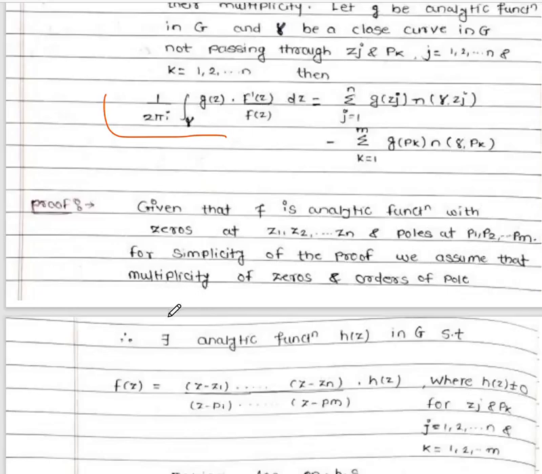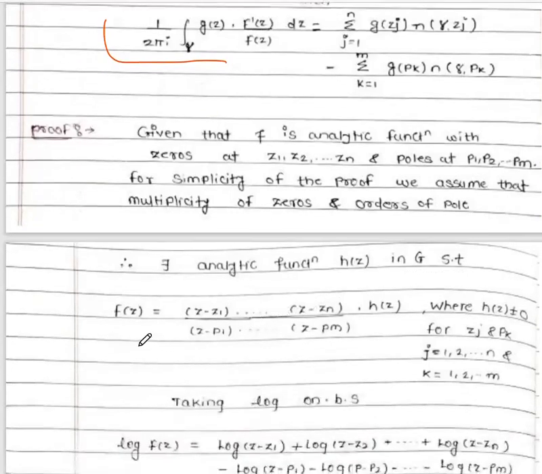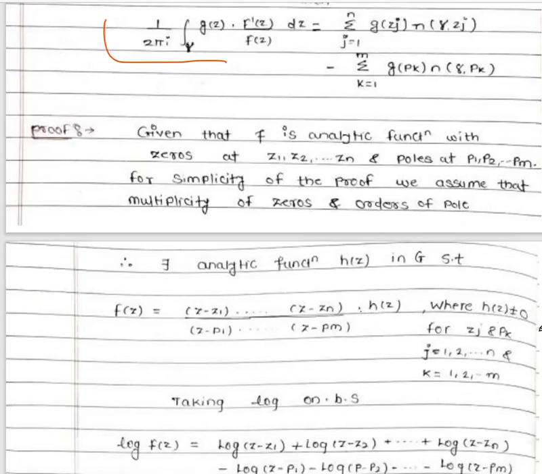So by using the definition of multiplicity of zeros and order of the pole, there exists a function h of z in region G, defined as f of z equal to z minus z1, z minus z2, z minus zn divided by z minus p1, z minus p2, z minus pm, into h of z. So here h of z is not equal to 0 for zj and pk, j equal to 1 to n and k equal to 1 to m.